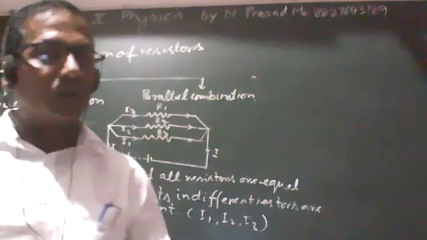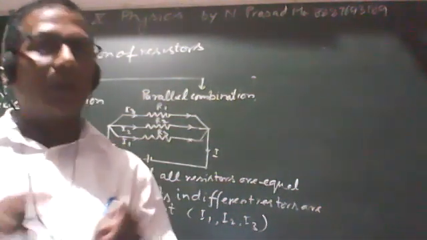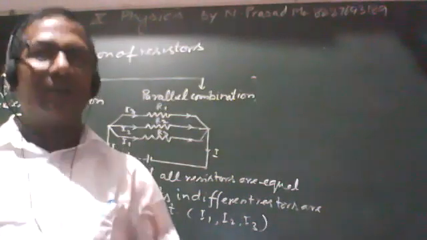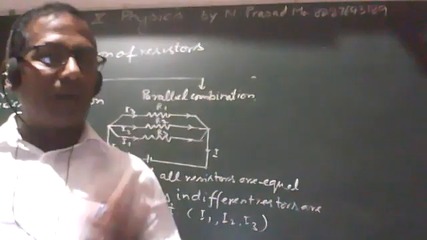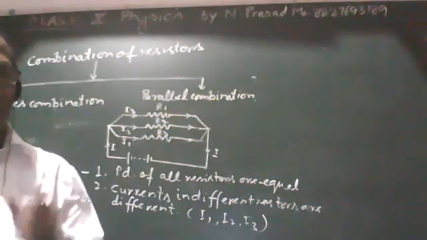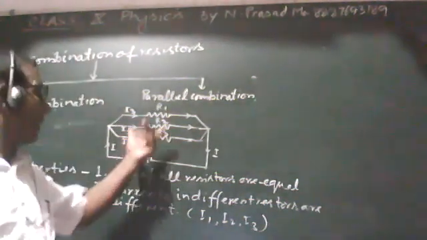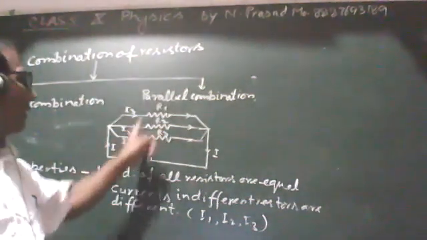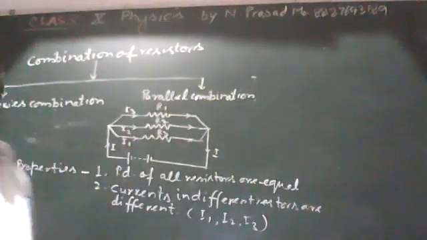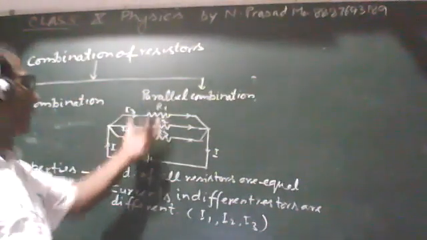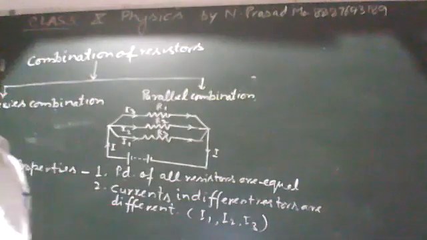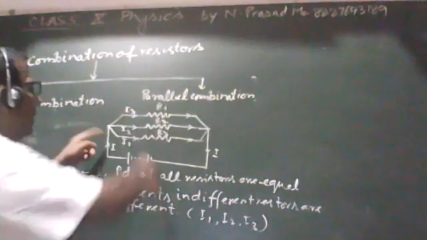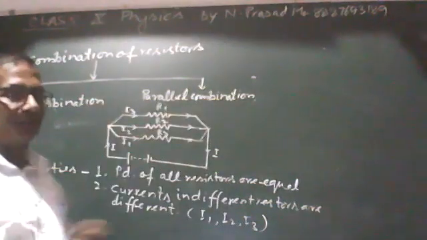If you use two bulbs, then 220 will divide between the two bulbs, and the voltage and the power of each bulb will be reduced. But here, each resistor gets equal power, because each one has its own path, and the voltage of each resistor will be equal. Supply voltage will be given to all resistors because they have their own separate paths.